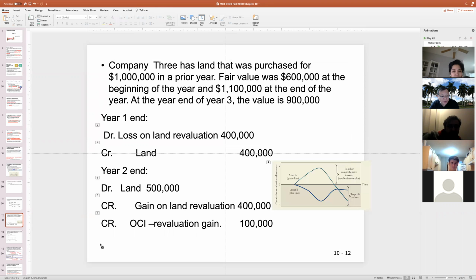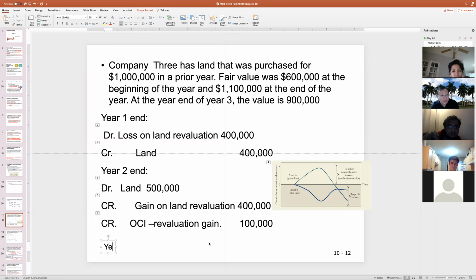What's my journal entry for year 3 year end? Anyone can tell me? If the value in year 3 is 900, what's my journal entry? You would credit land. I go from 1.1 million to 900, so yes, credit land for 200,000.